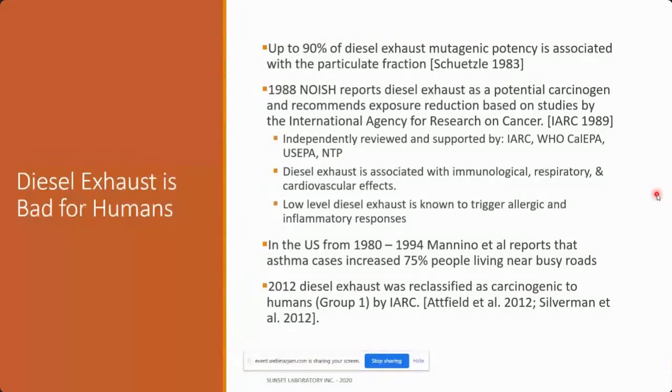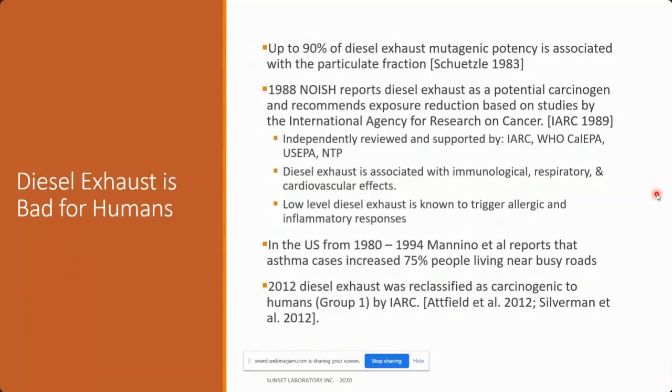It's also known to trigger allergies and inflammatory responses in human bodies. There was a large research project from the 1980s to 1994 that reported an increase in asthma cases of approximately 75% for people living near busy roadways.